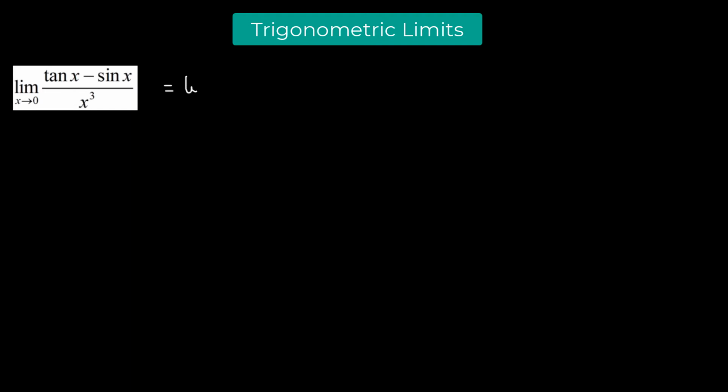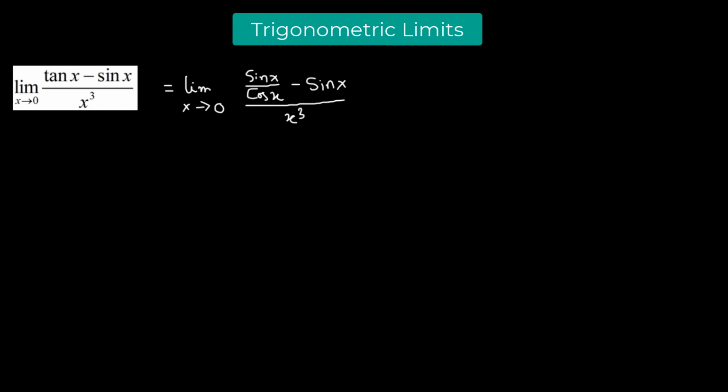So we have the limit x tending to 0. Like the previous problem, we're going to convert the tangent function to the ratio of sin and cos. So we have sin x over cos x minus sin x, divided by x cubed.